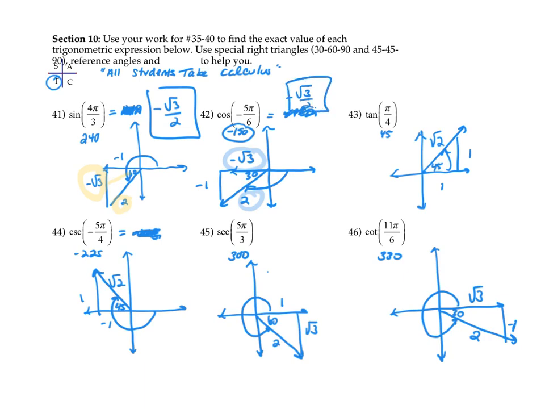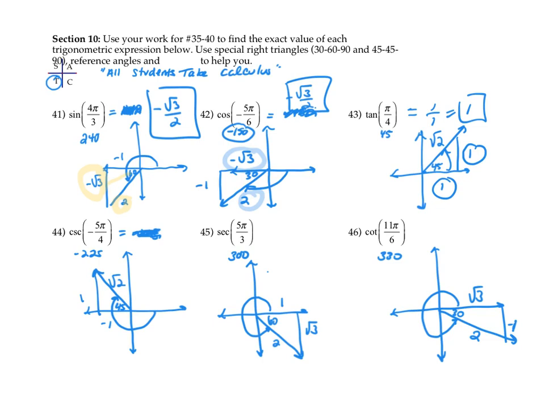Okay, number 43, we're taking a look at tangent of pi over 4. Tangent is opposite over adjacent. So our tangent value is 1 over 1, which is just 1.